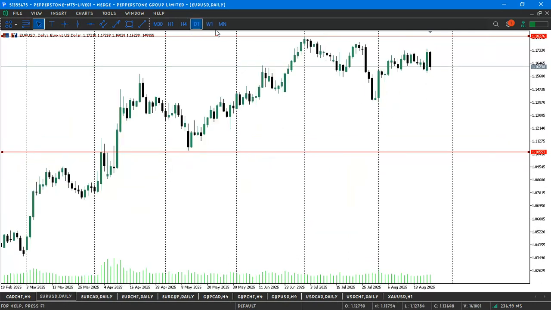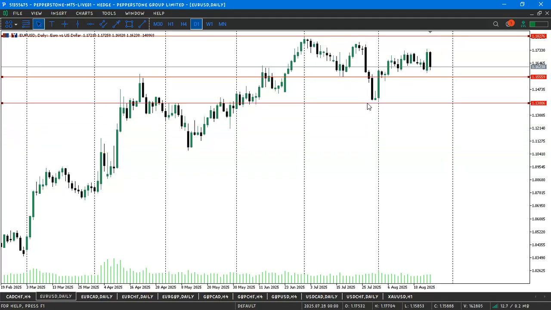Now looking at the daily, we can see that the market has already started forming lower lows and lower highs. There is this high and this low, and then this high and this low. We can see this low here and this high.